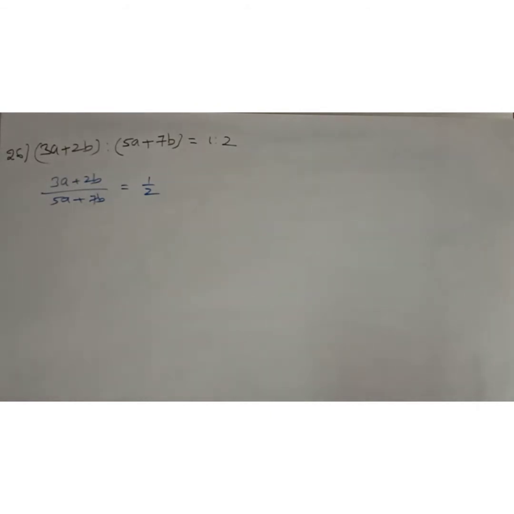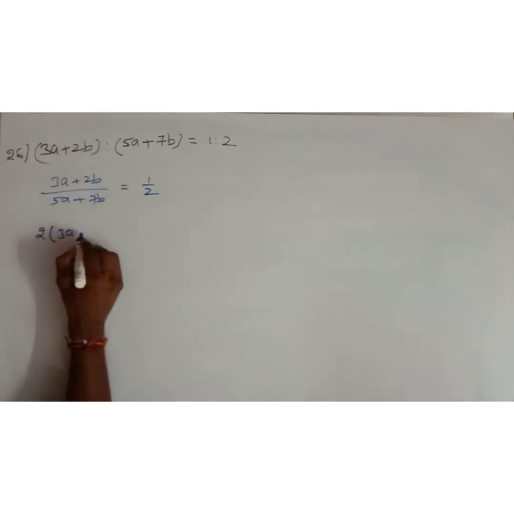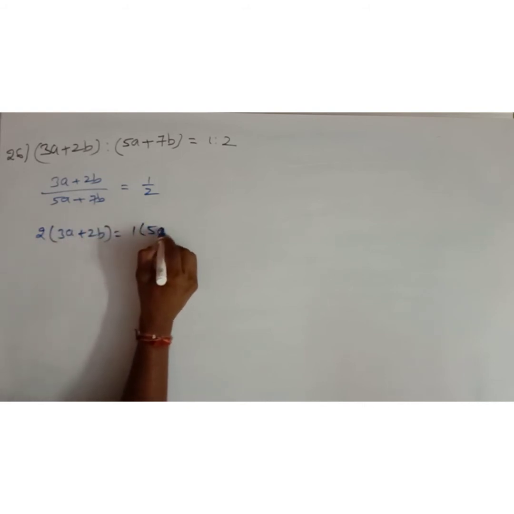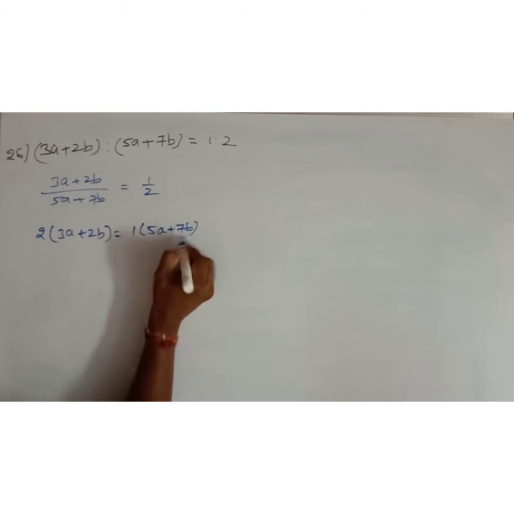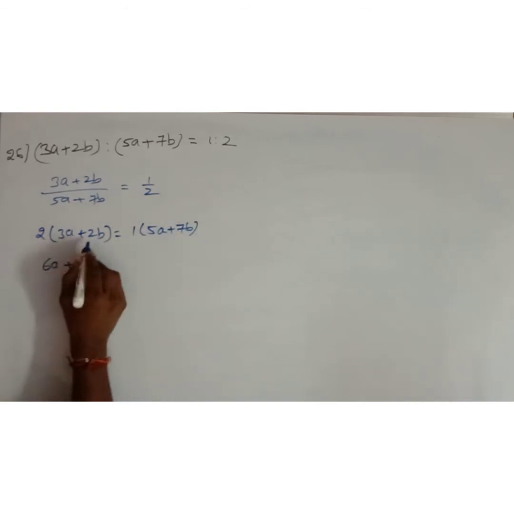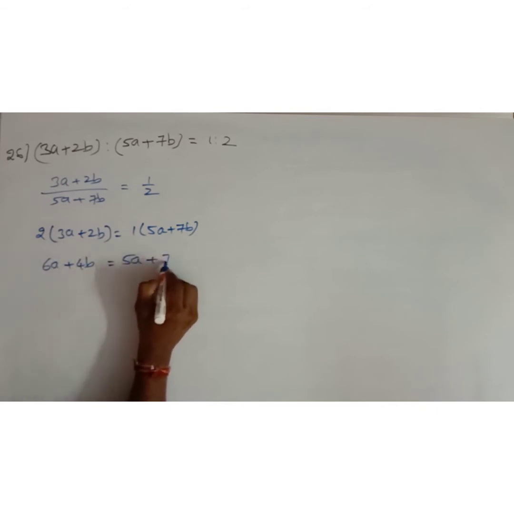Now do the cross multiplication. 2 into 3a plus 2b is equal to 1 into 5a plus 7b. 2 into 3 is 6a plus 2 2s are 4b is equal to 5a plus 7b.